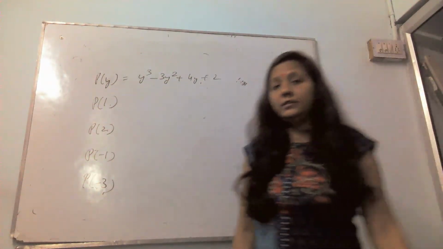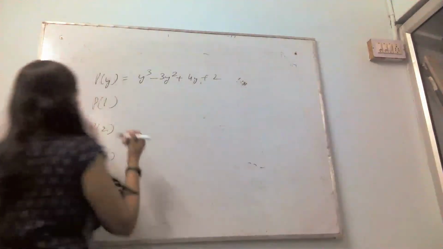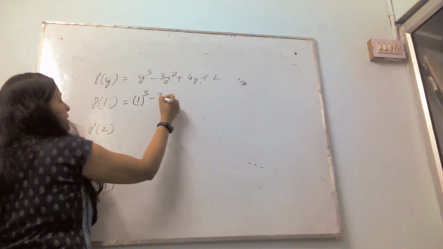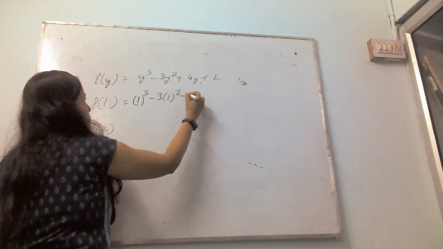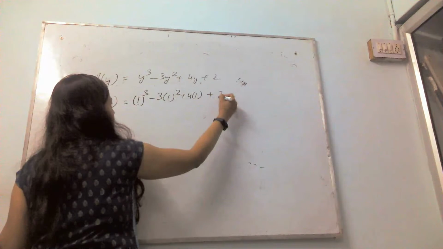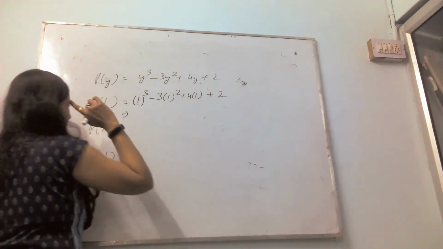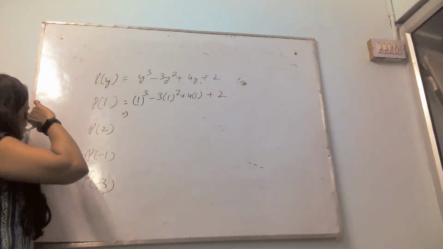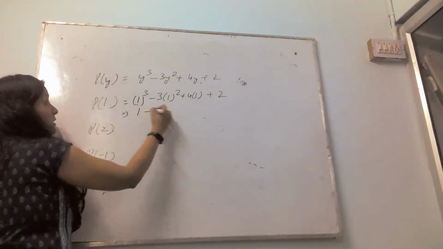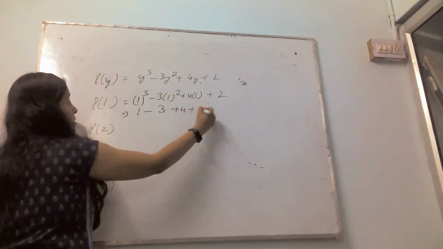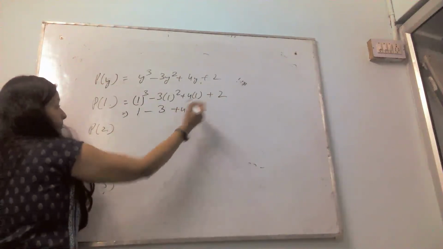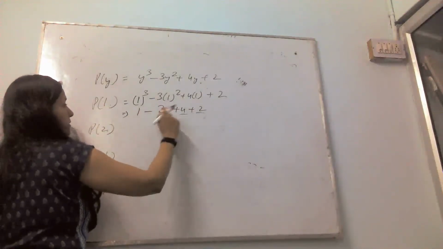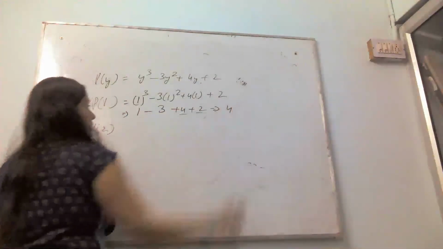Now let's sort it out and find the answer. P(1) is 1 to the power 3 minus 3 times 1 square plus 4 plus 2. 1 to the power 3 means 1 into 1 into 1, which is 1. Then 1 minus 3 plus 4 plus 2 is 4.